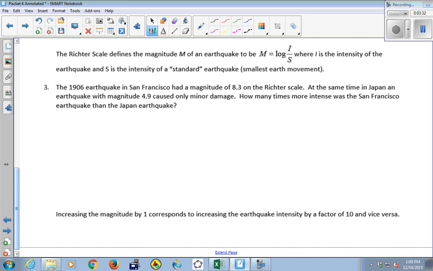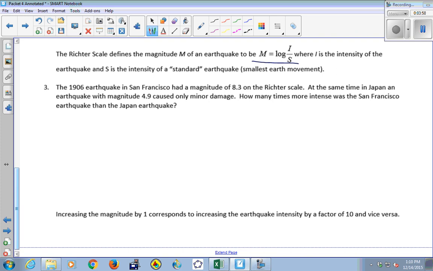And S is the intensity of a, quote, standard earthquake, which is the smallest detectable earth movement. So we're going to use this formula for magnitude. Magnitude and intensity are 2 different things, right? Magnitude are the Richter scale numbers you're used to hearing. Intensities are much bigger numbers.